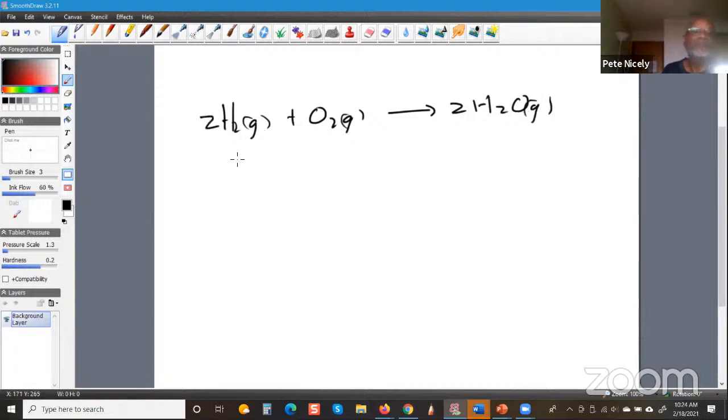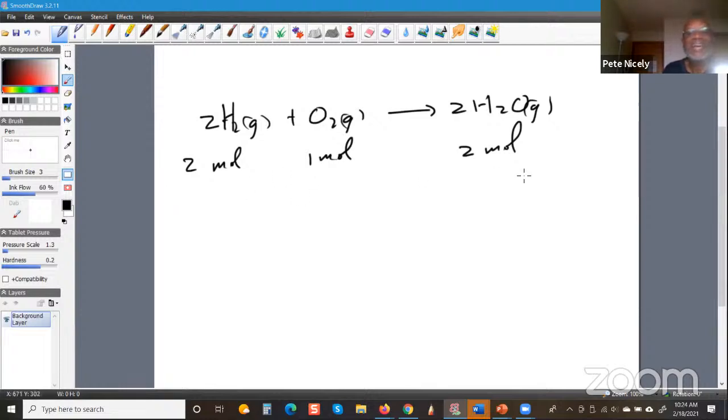Now we already know from our understanding of stoichiometry what this equation is telling you in terms of the relative amounts of the different substances involved. So one way of reading this, we can say that 2 moles of hydrogen will react with 1 mole of oxygen to form 2 moles of water, right? So that's one way of interpreting this equation.